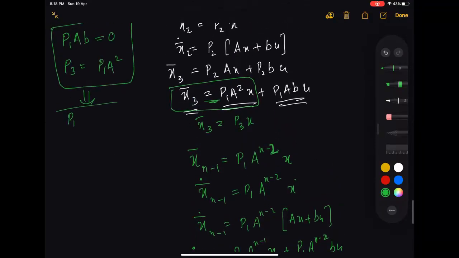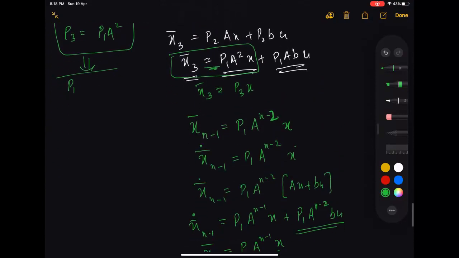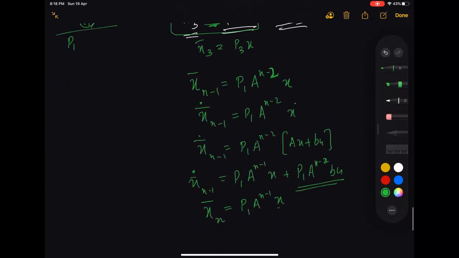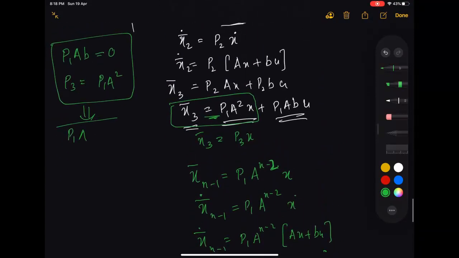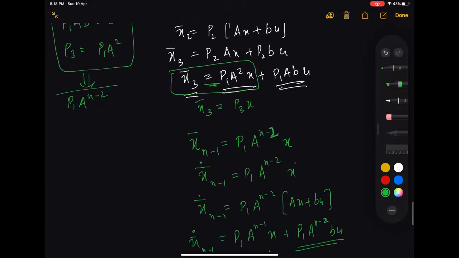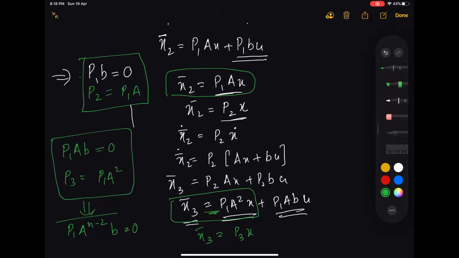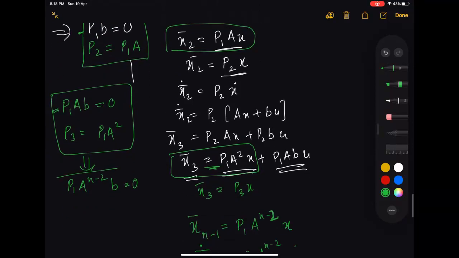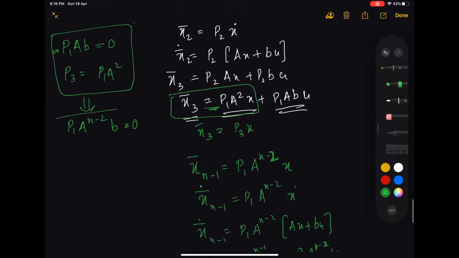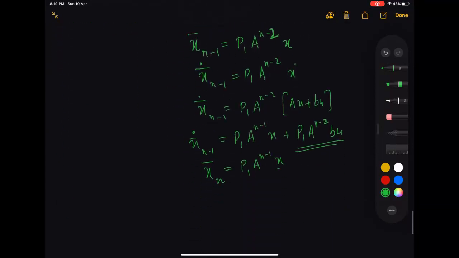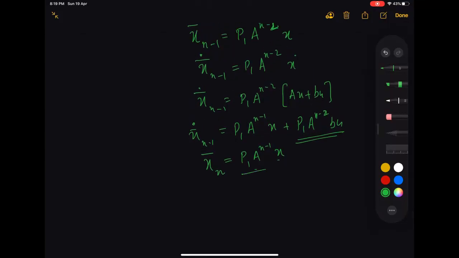So if you continue writing these, you'll move up to this place. So p1 a to the power n minus 2 b has to be equal to 0. So just like p1b was 0, p1ab was 0, p1 a to the power n minus 2 b has to be equal to 0, and this equation that you have obtained here, this is pn.